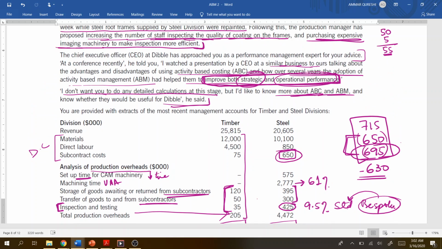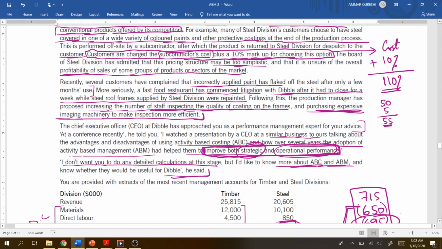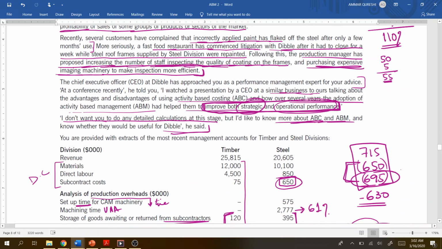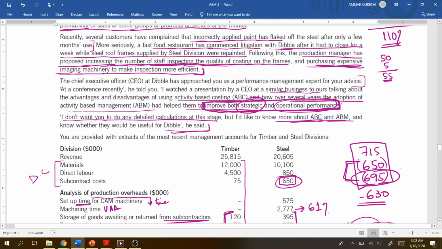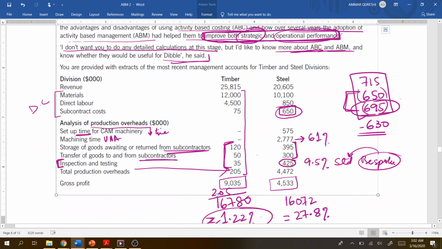Similarly, what the company did here, there was some problem. So the production manager has proposed increasing the number of staff inspecting the quality coating of the frame and purchase of expensive imaging machinery to make inspection more efficient.